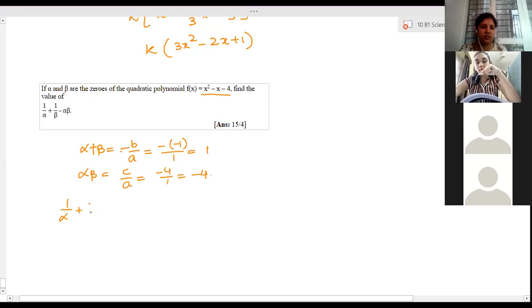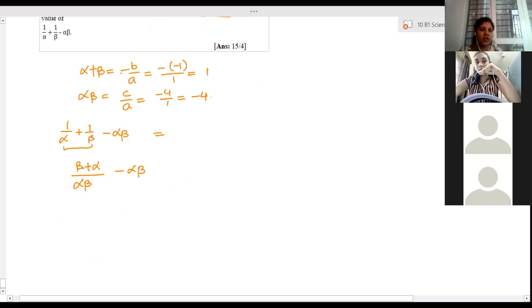1 by alpha plus 1 by beta minus alpha beta. If you simplify these two parts, we have to add them, so the LCM is alpha beta. The numerator will be beta plus alpha, and this minus alpha beta, keep it separate. Now substitute the value.